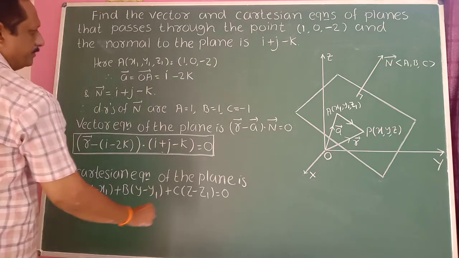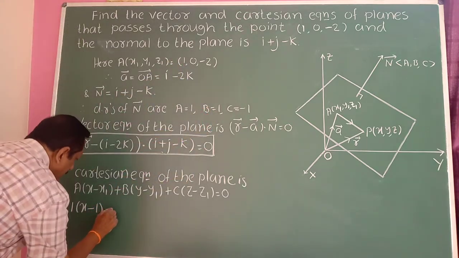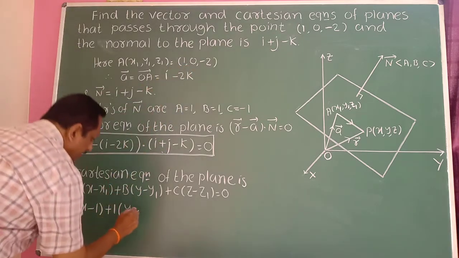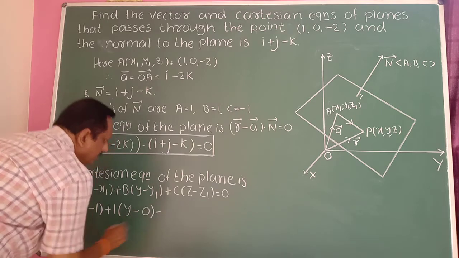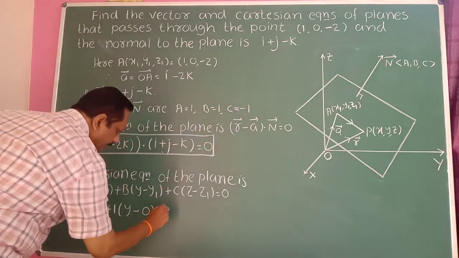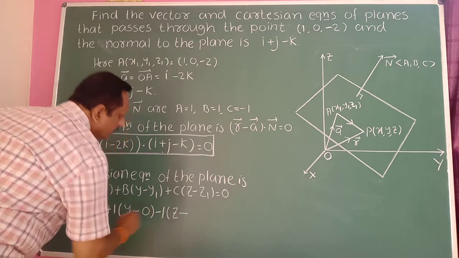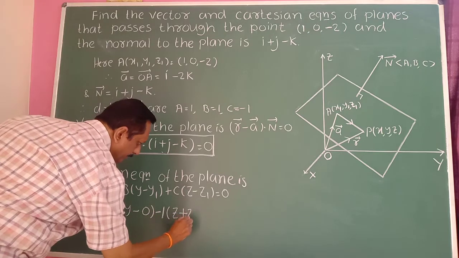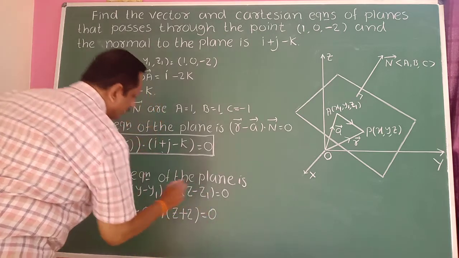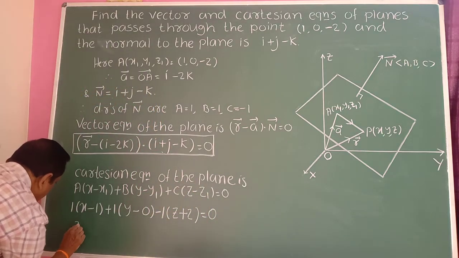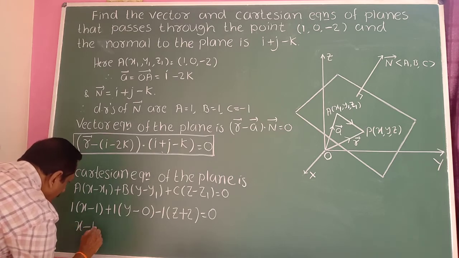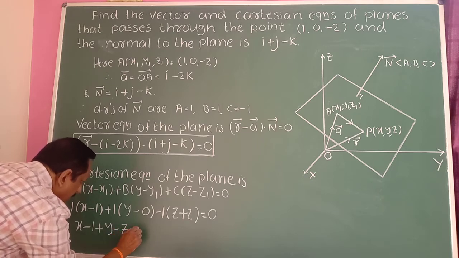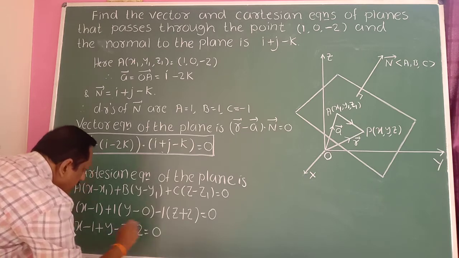Then b value is 1, so plus 1 into (y − y1), y1 is 0, so write 0. Then plus c value is −1, so −1 into (z − z1), z1 is −2, minus this minus becomes plus 2, that is equal to 0. 1 into x − 1 is x − 1, 1 into y becomes plus y, −1 into z − 2, that is equal to 0.